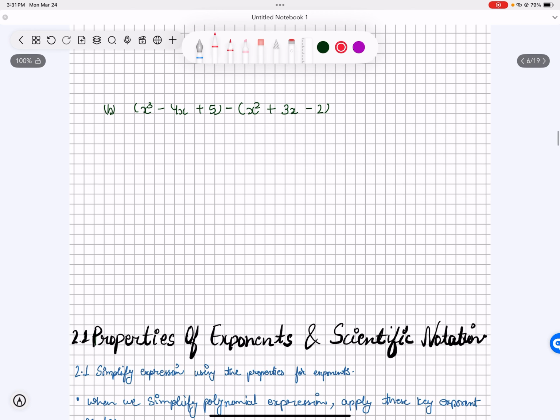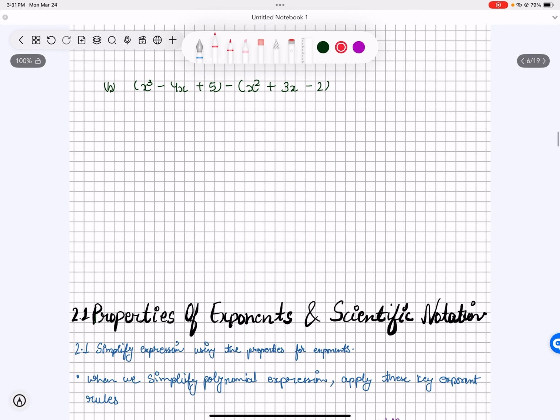For the next question, we're going to solve the same thing, and then 4x plus 5x minus 1 into x squared plus 3x minus 2. We get x cubed minus 4x plus 5x minus x squared plus minus 3x plus 2. So in this we're going to find a like term, which would give us 3x.